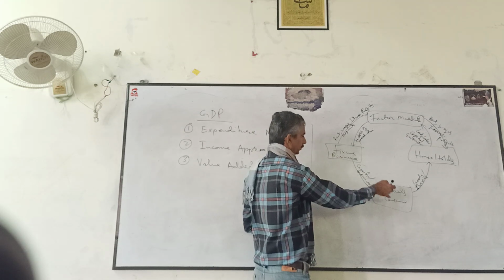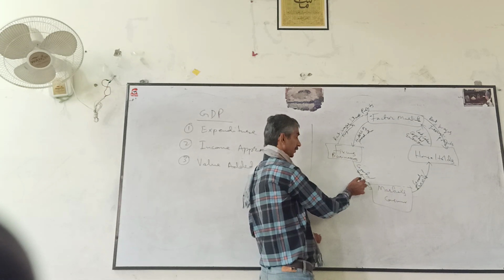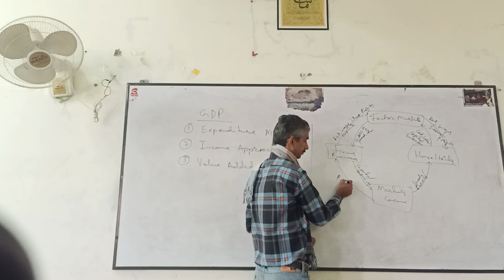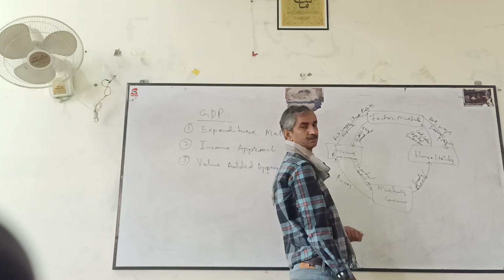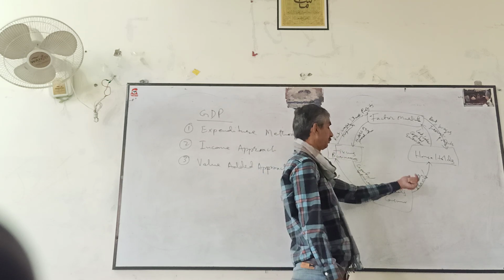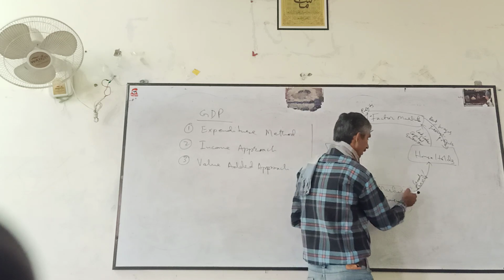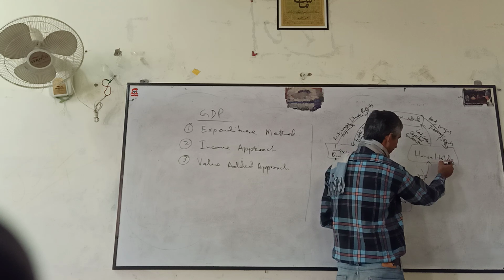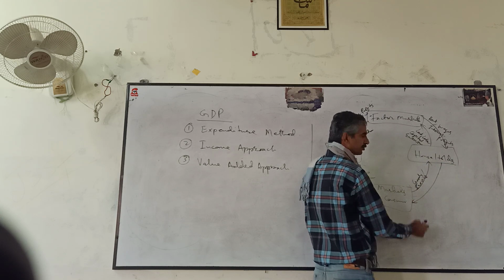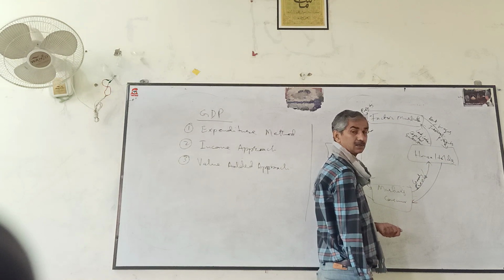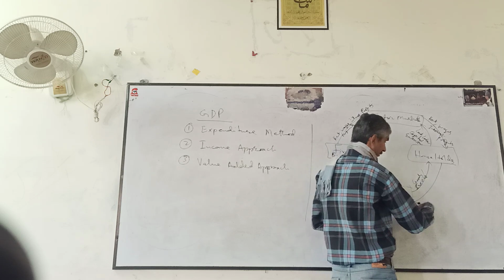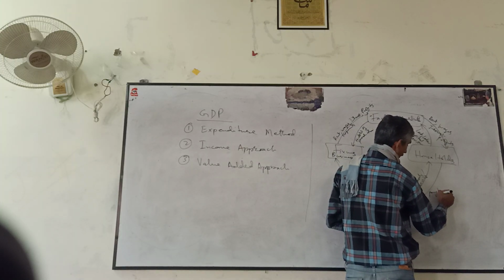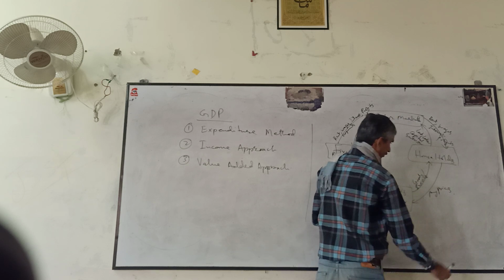And when the firms produce the goods and sell to the market, they receive the prices of the goods and services which they have sold. These goods and services are purchased by the households, and households do not get all these things free. Nothing is free. So they pay prices.